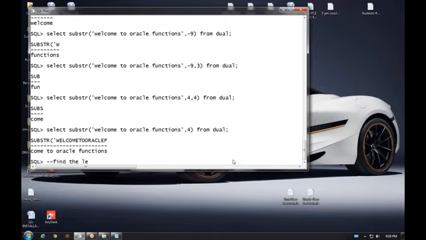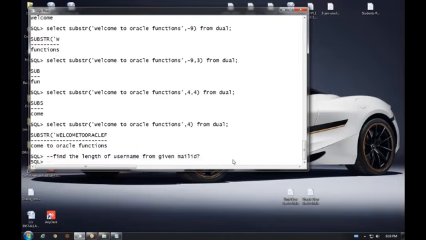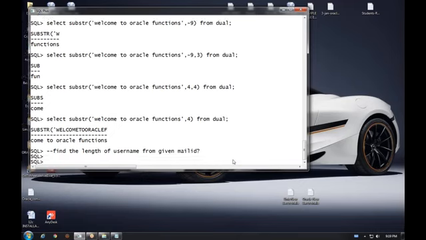Find the length of the username from a given mail ID. Select, listen carefully guys, select substring of, what is the mail ID? Venkat0919@gmail.com.